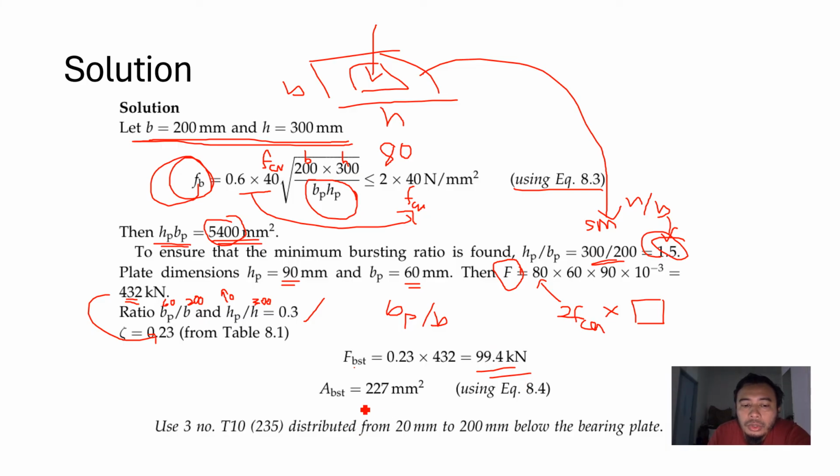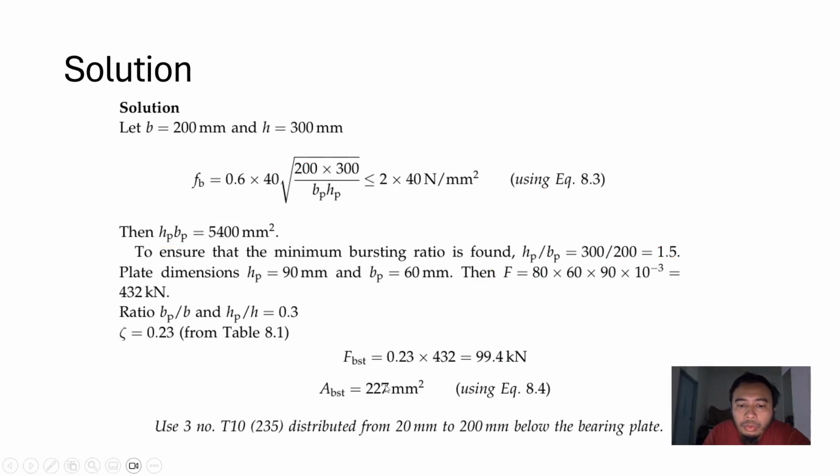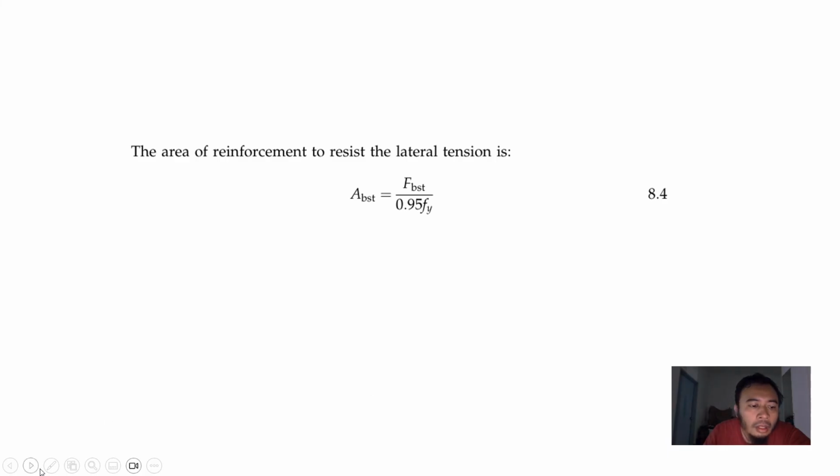So using equation 8.4, area of steel. In 8.4, you have your bursting coefficient, which is basically F over P, then you get E. Basically P, or this is a Young modulus E. But the value of allowable stress is based on the code, should be 95%.